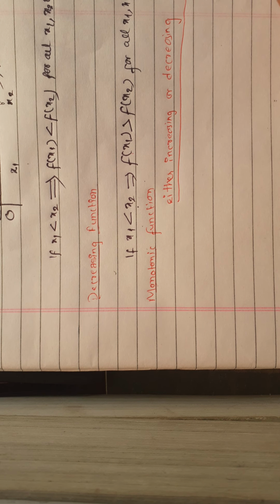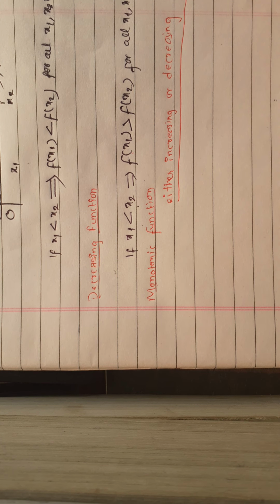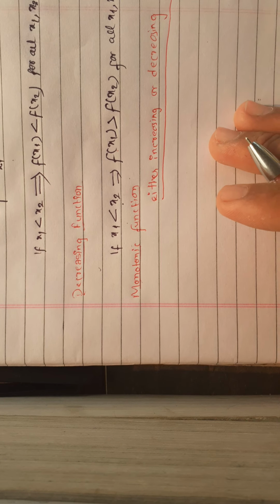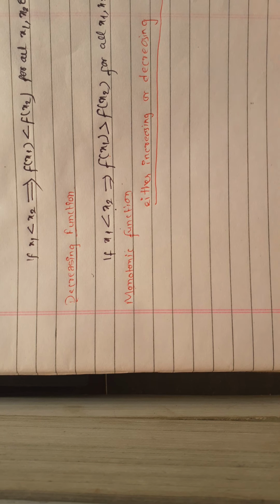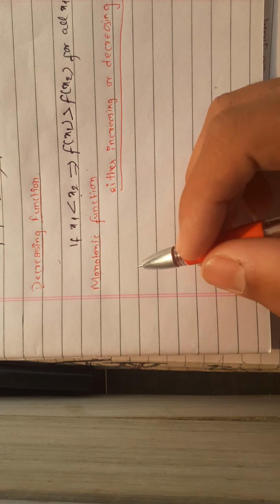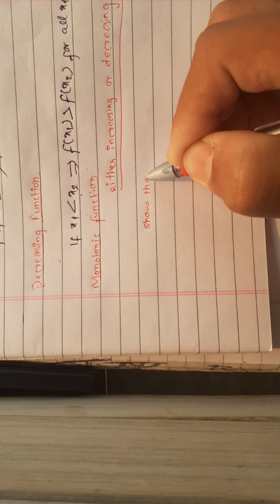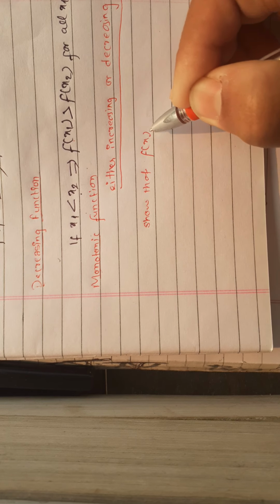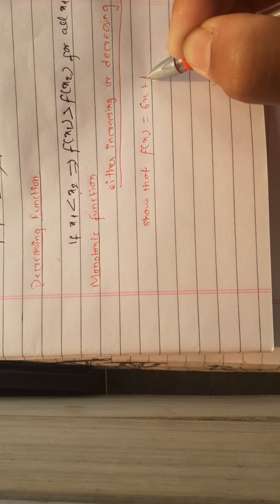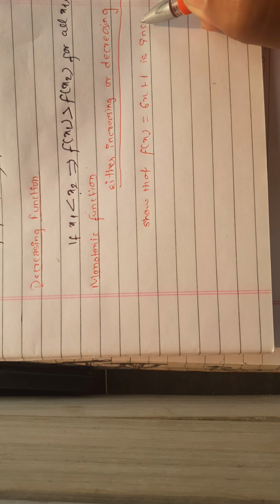Okay, I will give some examples so that the concept of increasing and decreasing function will be clear. So the question: show that f(x) = 6x + 1 is increasing.